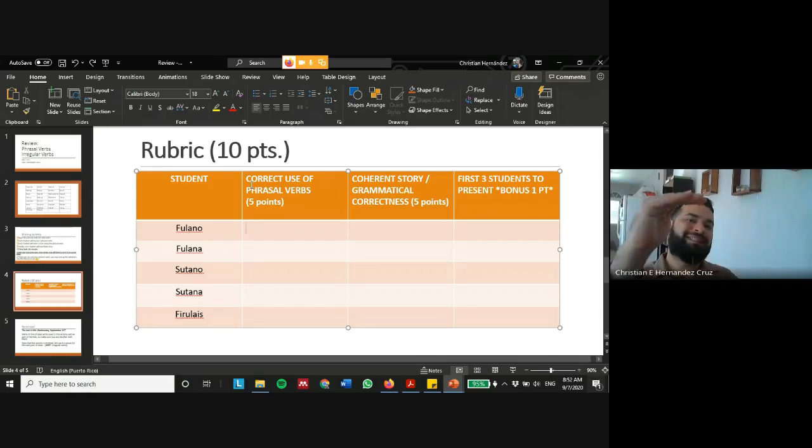If your sentence is in the past tense, your phrasal verb needs to be in the past tense too. And this part here, coherent story, just means that they're not random sentences, but are all connected to each other. So that's what I'll be looking for. And of course, the first 3 students to present get a bonus 1 point. So you can get a total of 11 points on this assignment if you play your cards right.